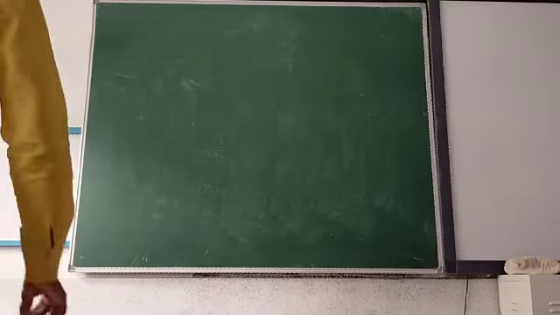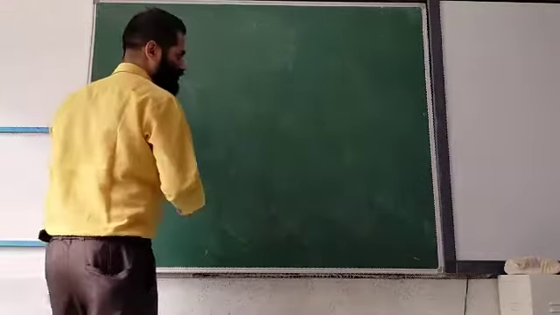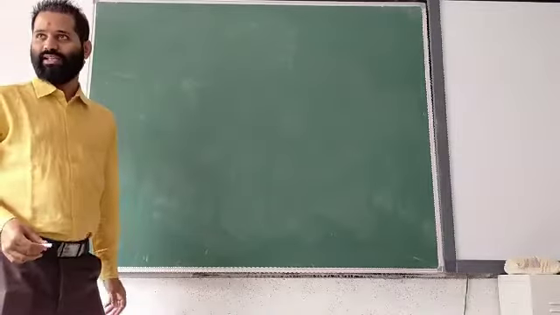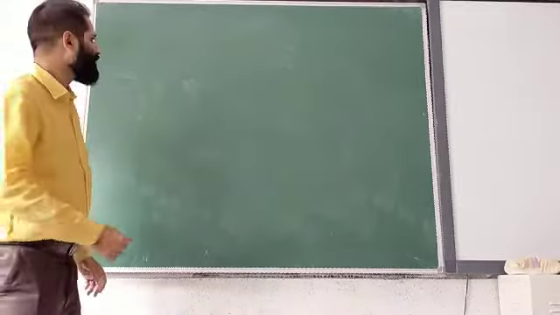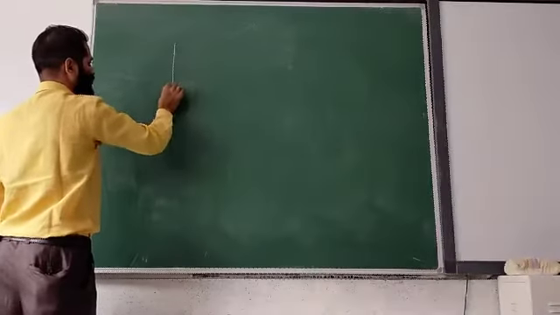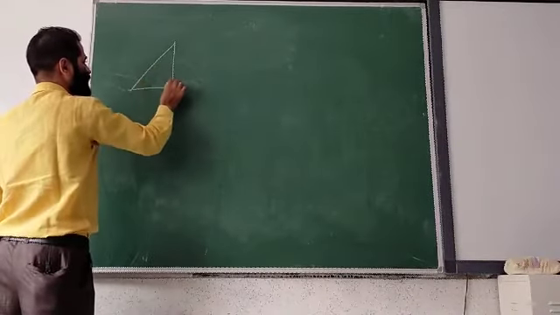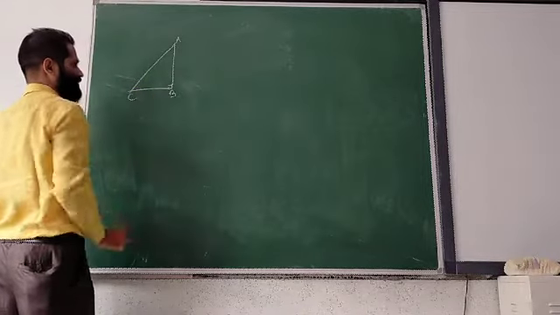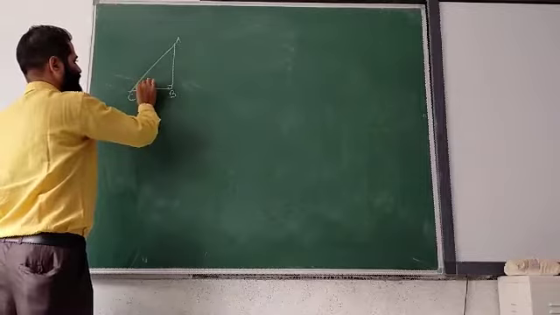Before finding this, let me tell you how to use this, that is, what is the technique, how can we find the answer. For example, let us suppose that this is 90 degree, let it be A, B and C. Let us suppose that this is 60 degree.